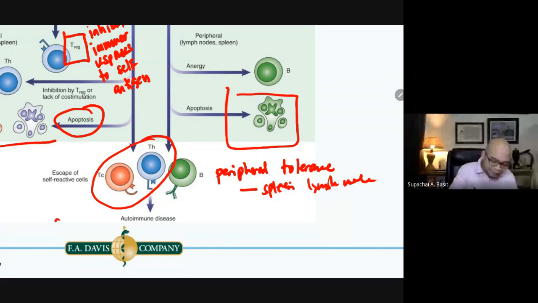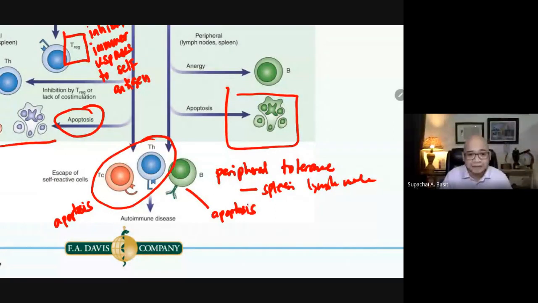So again, there can still be apoptosis. Self-reactive B cells in the periphery can also be deleted by means of apoptosis, or they can become anergic.